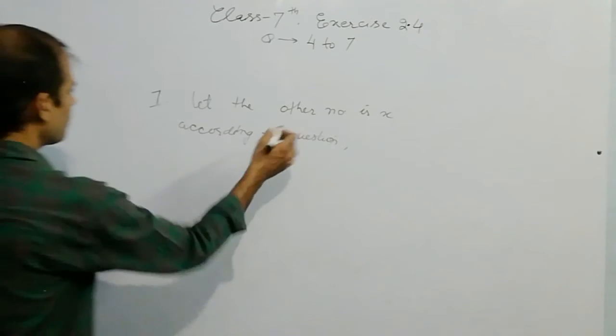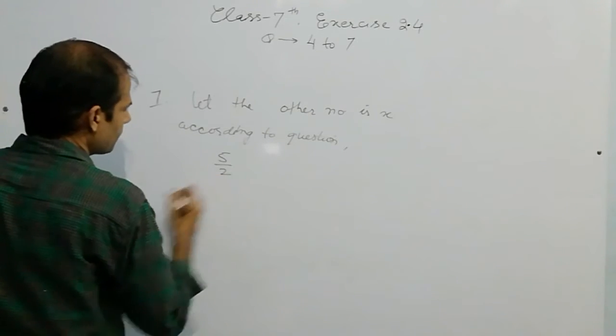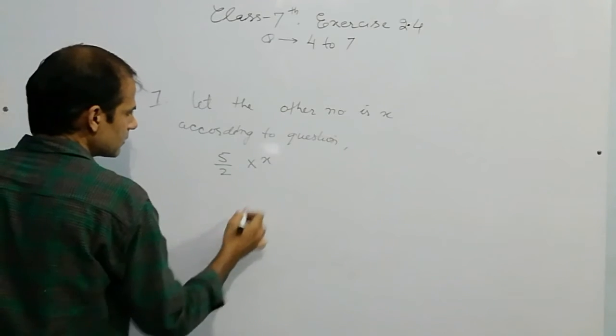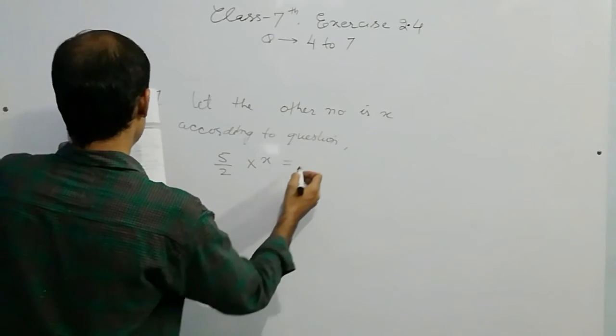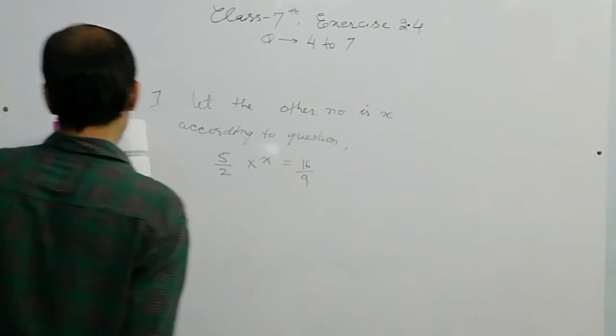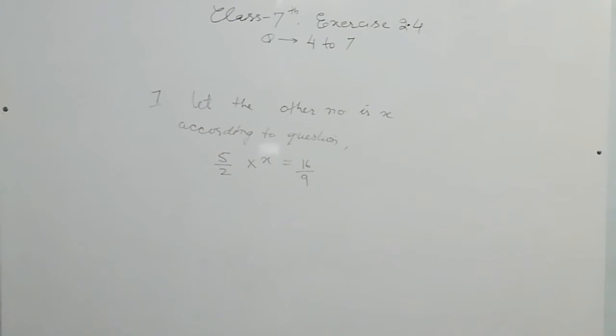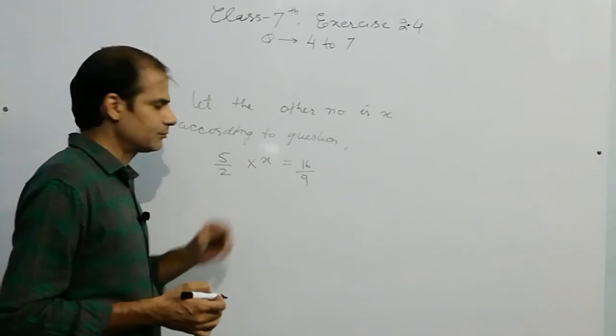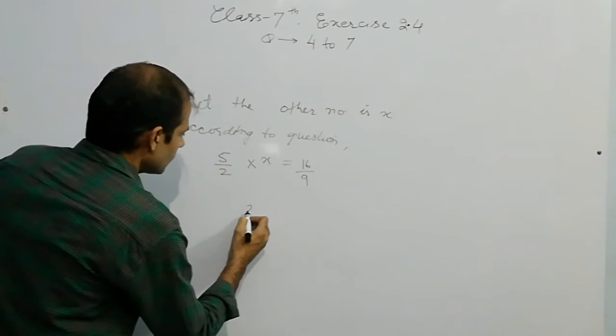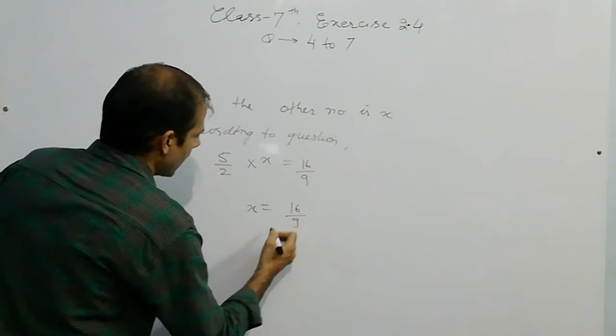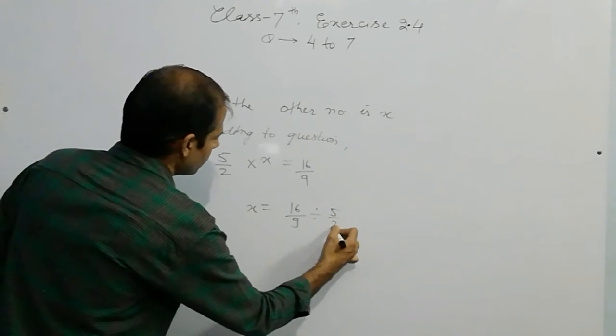One of the numbers is 5/2, the other number is x, and the product is 16 upon 9. Okay students, the product is 16 upon 9. Now we have to find the value of x. So x will be 16 upon 9 divided by 5/2.